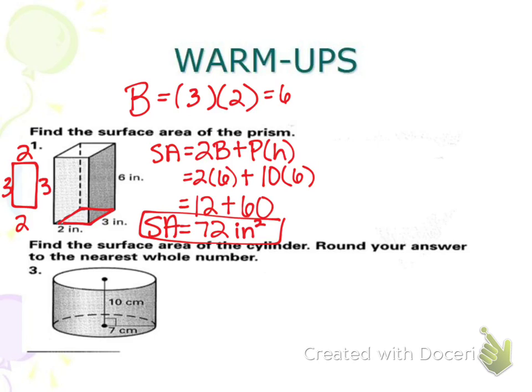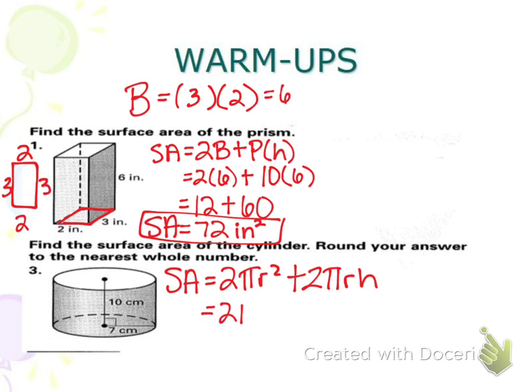Number 3, what kind of solid do we have? A cylinder. Again, we've talked about the surface area. 2 pi r squared plus 2 pi r h. Personally, I think surface area of a cylinder is easier because we don't have other things to calculate. We can just go ahead and start plugging in our values.